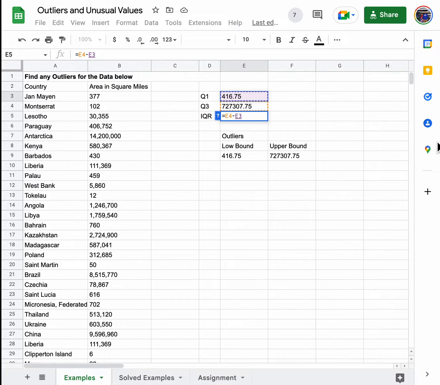Could you do the lower bound again? Oh, sure. Yeah. Third time's the charm. All right, so for the lower bound you said. All right, second time's the charm. So lower bound is going to be Q1 minus 1.5 times the IQR.